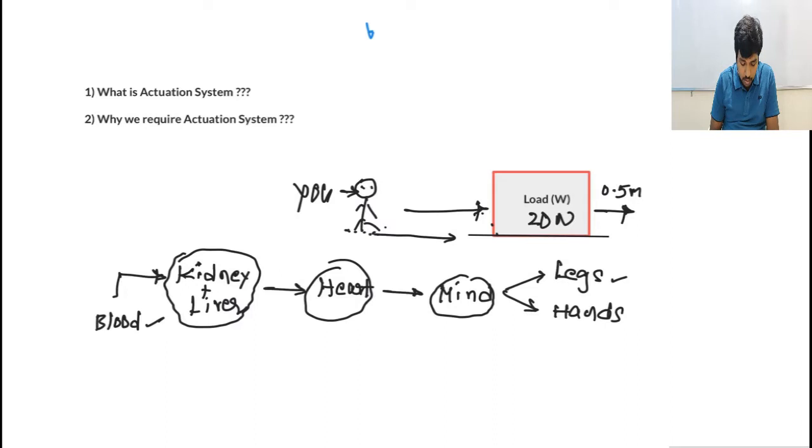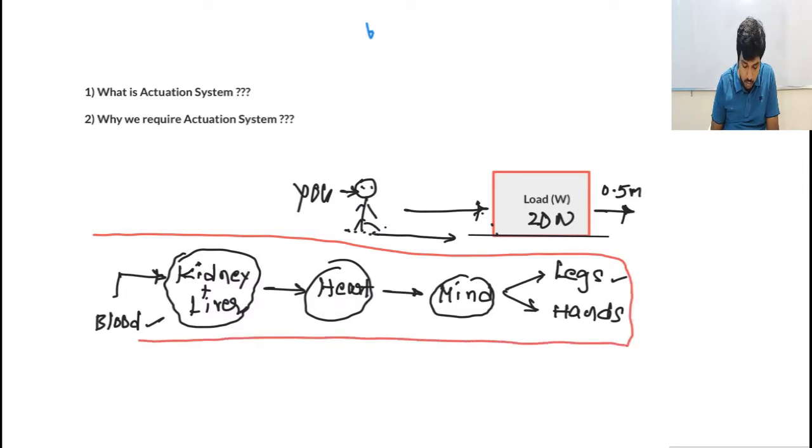Now if you combine all these things, suppose I fix all these things together up to here, can anyone say what the final aim is? The final aim here is that we need to get either linear displacement or angular displacement.